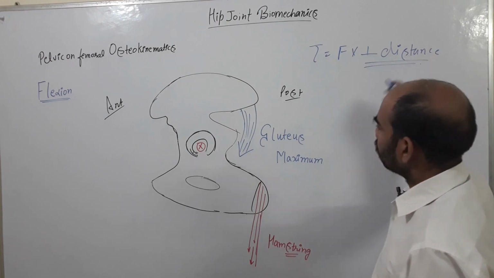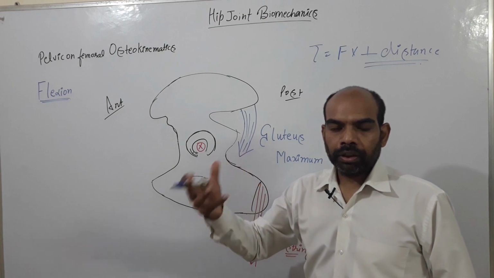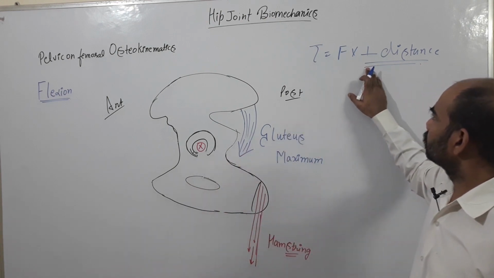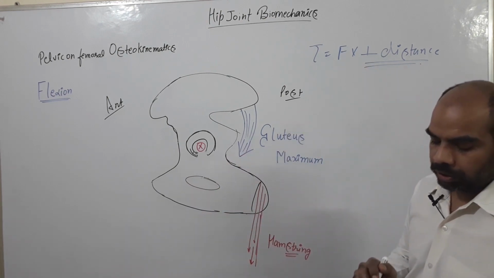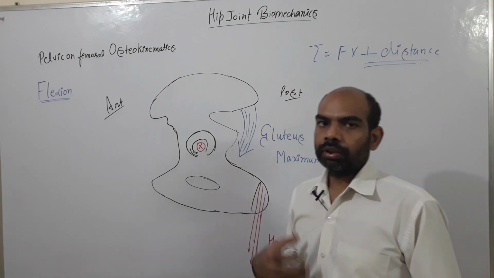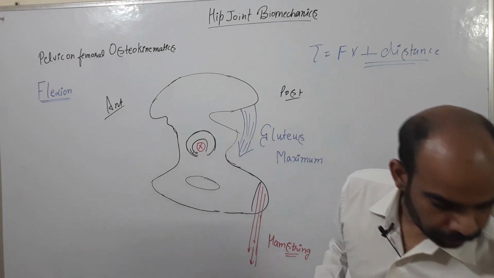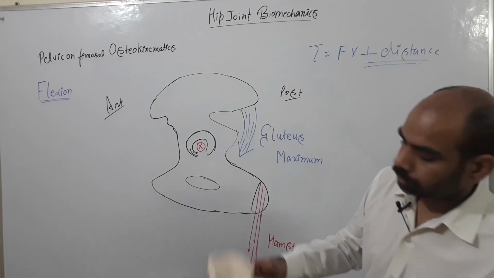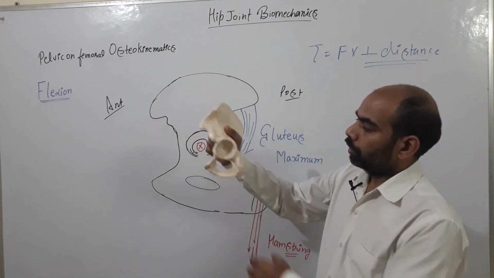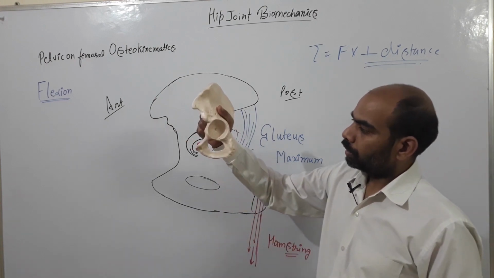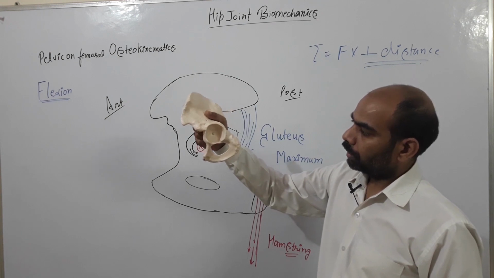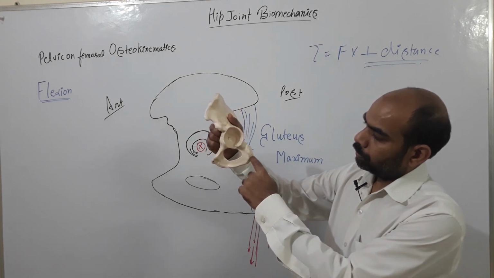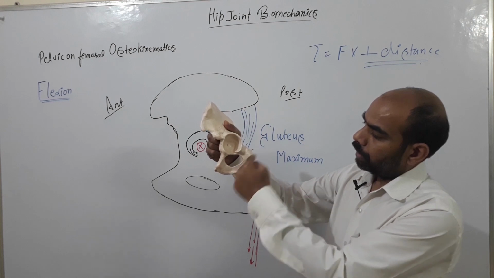So when the trunk moves anteriorly, this perpendicular distance changes. During trunk anterior rotation, during trunk flexion, the pelvis also moves anteriorly. So suppose this is a hip bone. When the pelvis rotates anteriorly at the hip joint, this ischial tuberosity moves upward and outward.